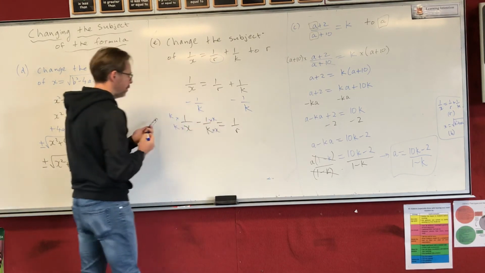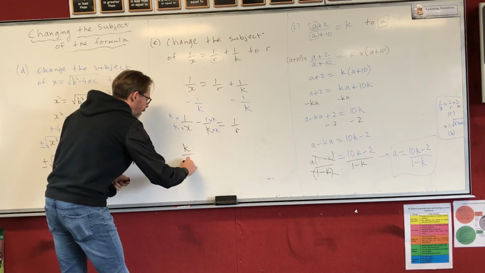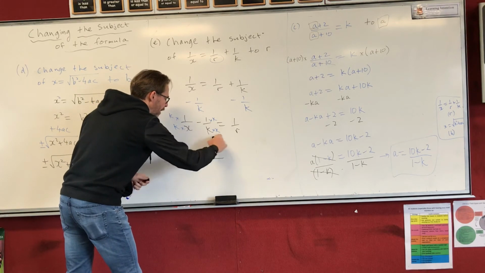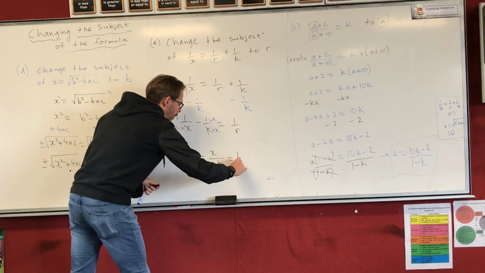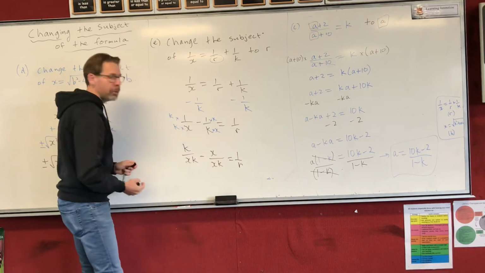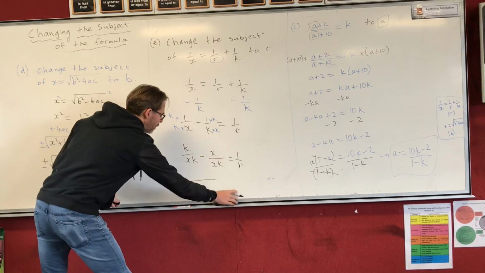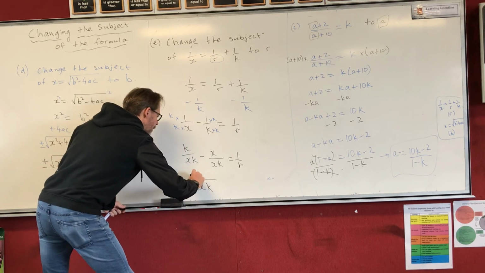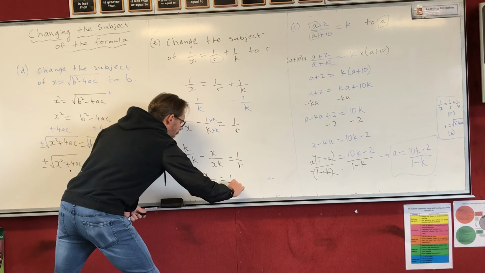That gives me k over xk minus x over xk, because k times x is just xk as well, equals 1 over r. And you can see I've got a common denominator. Now that means I can express this fraction with a single denominator, xk, and then k minus x equals 1 over r.